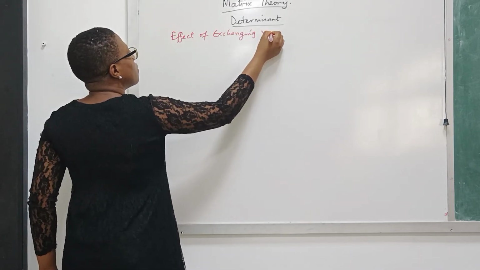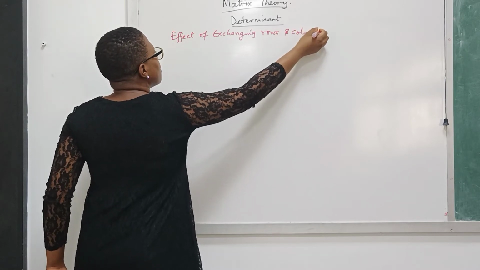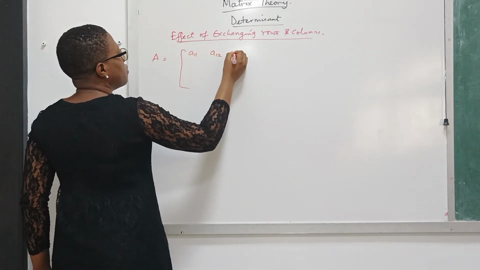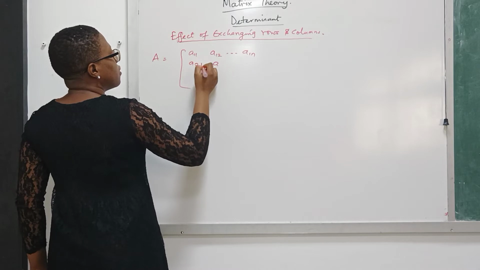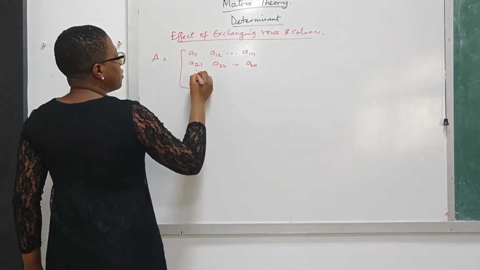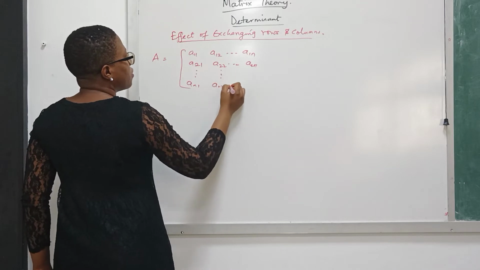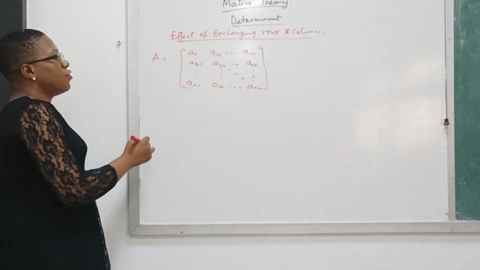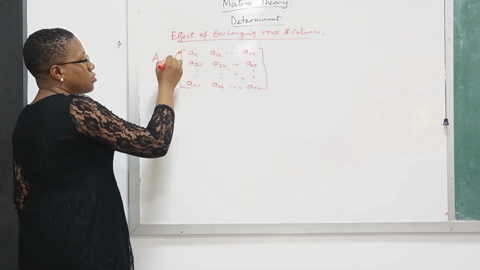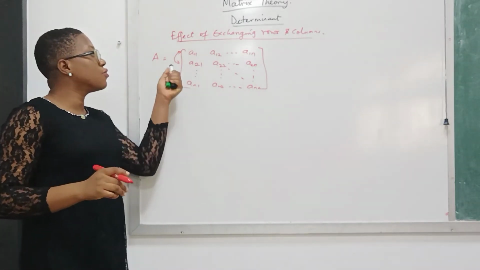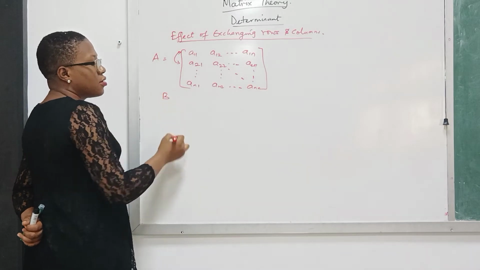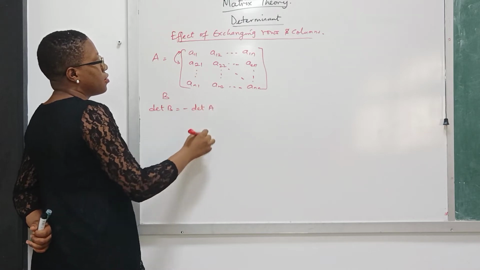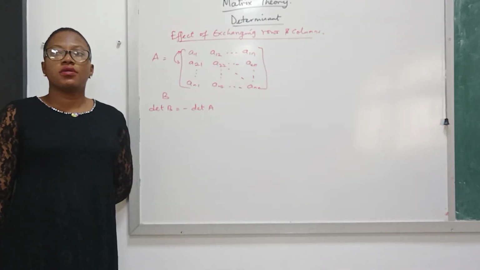So, the effect of exchanging rows and columns. If I define A to be equal to A11, A12 up to A1n, A21, A22 up to A2n, up to AN1, up to AN2, up to ANN, then if I exchange any two rows to get a new matrix B, the determinant of B is equal to minus the determinant of A. Do you understand?